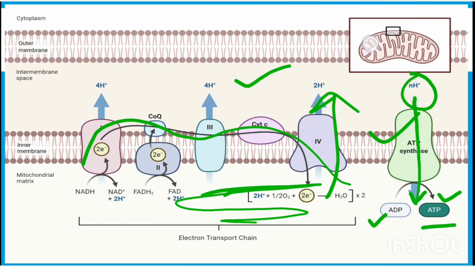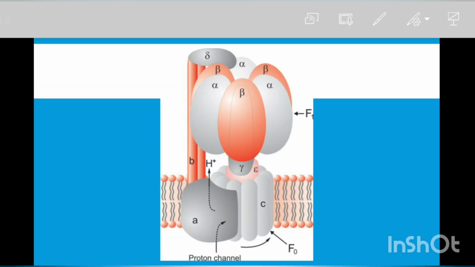This ATP synthase complex, which is complex 5, has 2 components, the F0 component and the F1 component, which is projected towards the matrix side of the inner membrane of mitochondria.